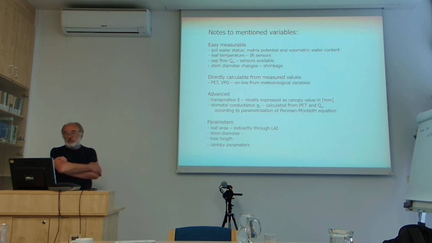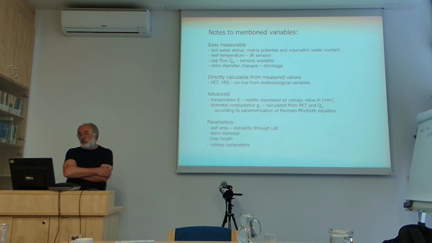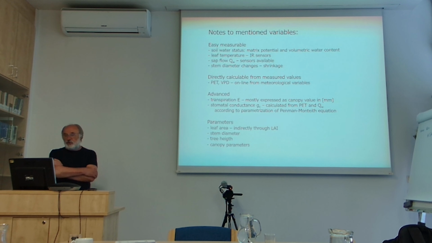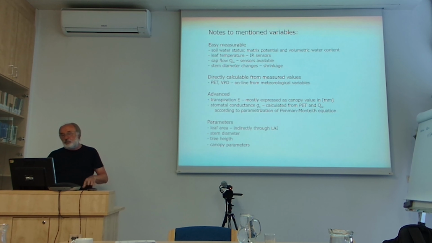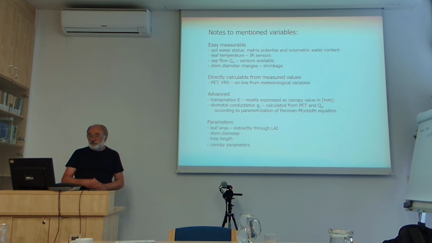The values which are directly calculated from the measured values are potential evapotranspiration and water pressure deficit, more or less, and then there are still some variables which are not so easy to calculate, which is transpiration, mostly expressed as a canopy value, and stomata conductance, which must be calculated from potential evapotranspiration and sap flow according to the parameterization of the Penman-Monteith equation.